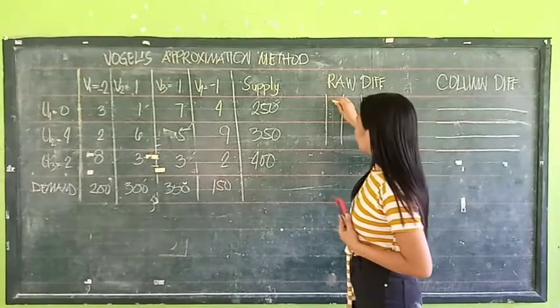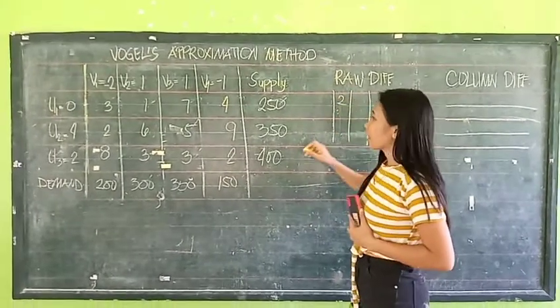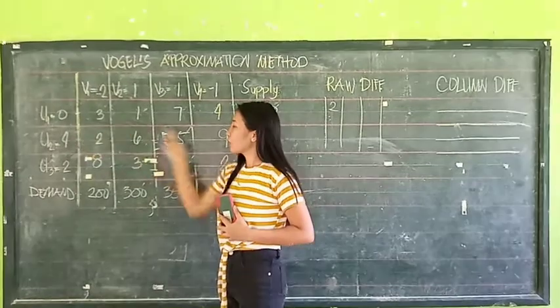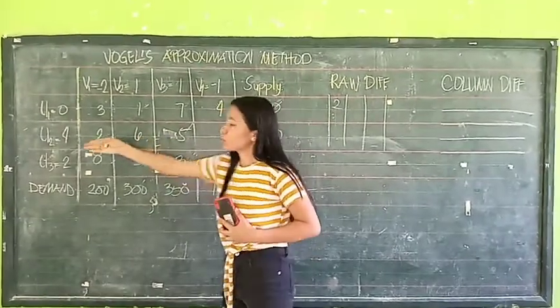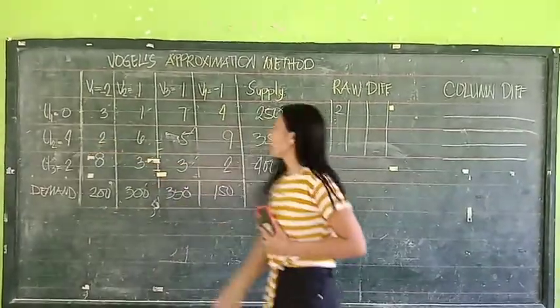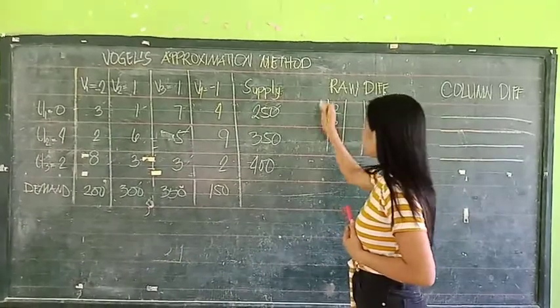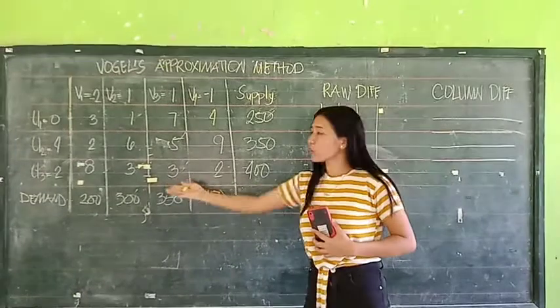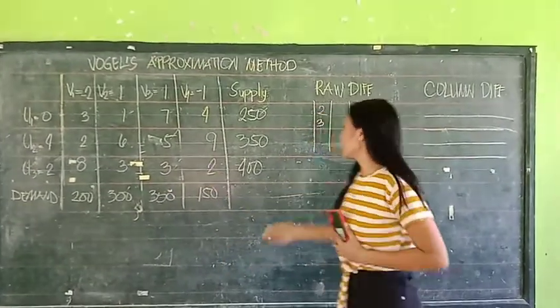So copy the 2 in here. In the second row, the difference of 5 and 2 is 3. So 3 will be put in here. And the difference of 3 and 2 is 1.